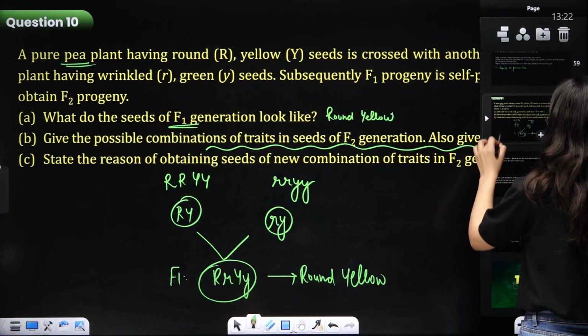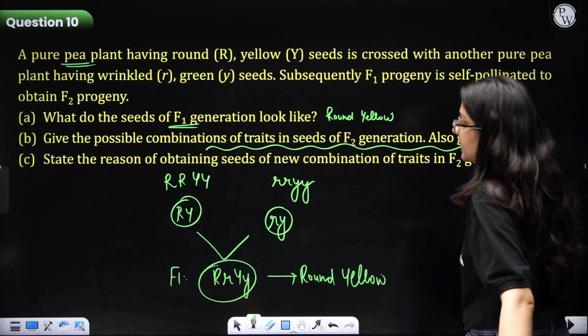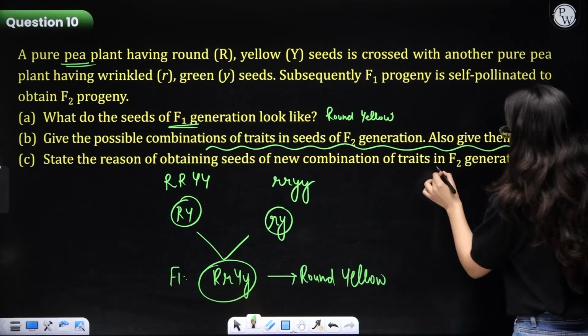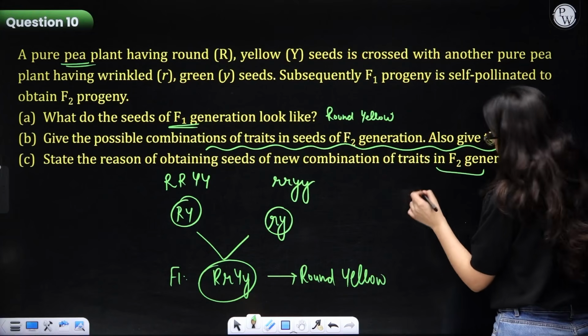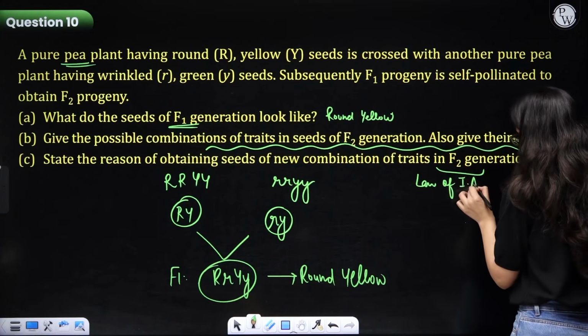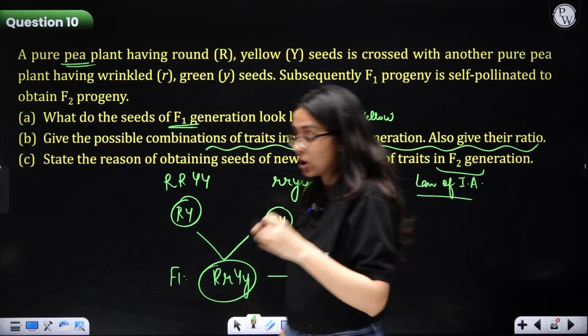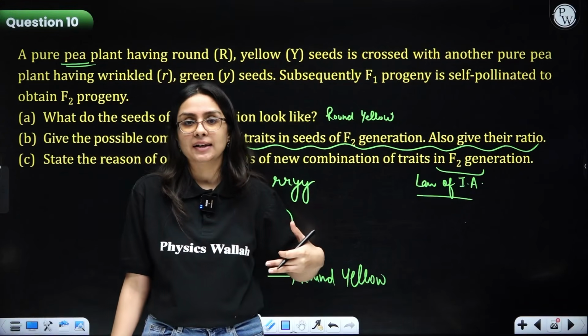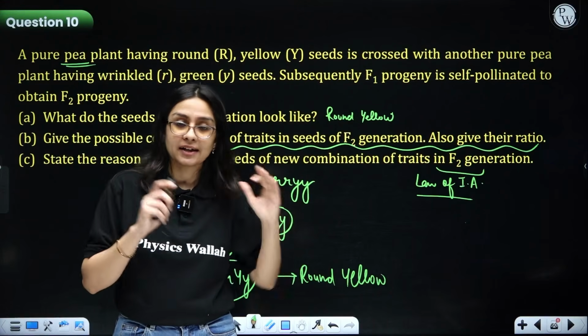Then we have, state the reason of obtaining seeds of new combination of traits in the F2 generation. It represents your law of independent assortment, that genes are not tied to each other. They can move independently and they are not inherited together.